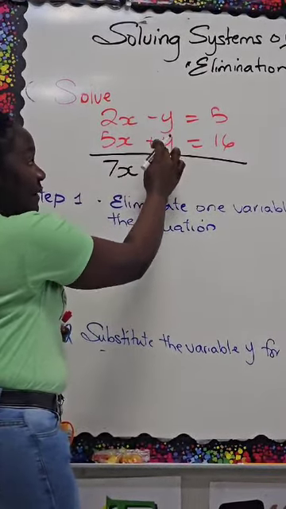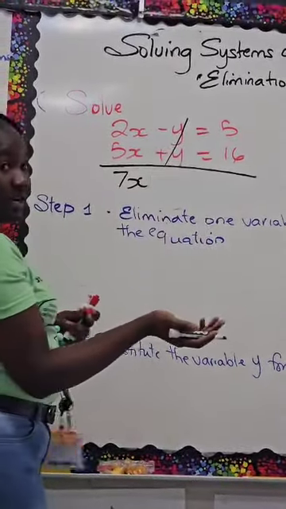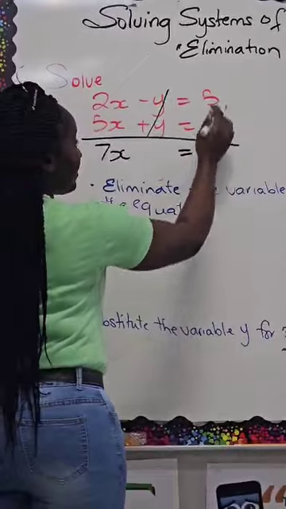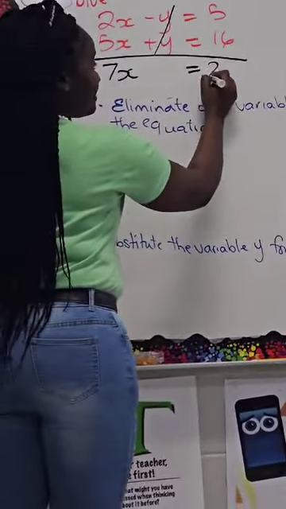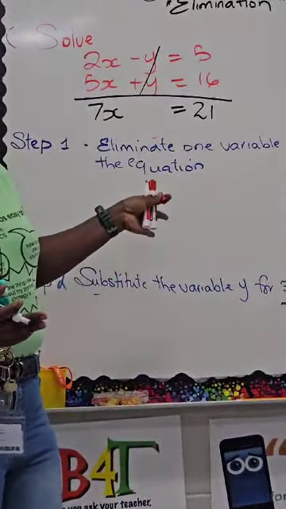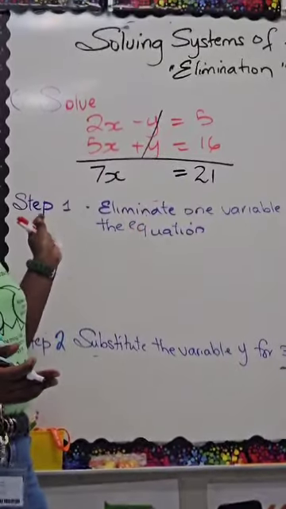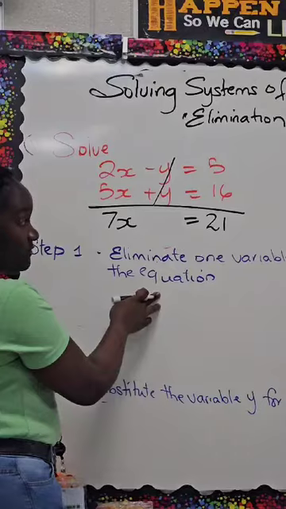Then minus y plus y is 0. So that's eliminated, right? And then over here we have 5 plus 16 is 21. So right away the variable automatically eliminates itself, unlike the previous example. So now we have eliminated one of the variables.